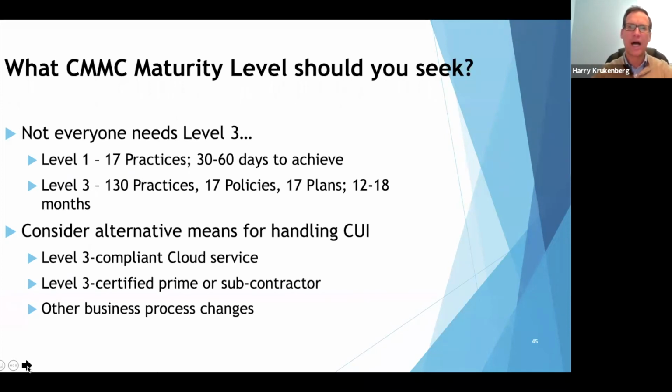And then that CUI never makes it into that supplier or that wholesaler's system or computing domain. So that's just one example of a business process change that could be explored or implemented to keep you compliant, but at level 1 versus needing to go through the additional cost and effort to become level 3 compliant.